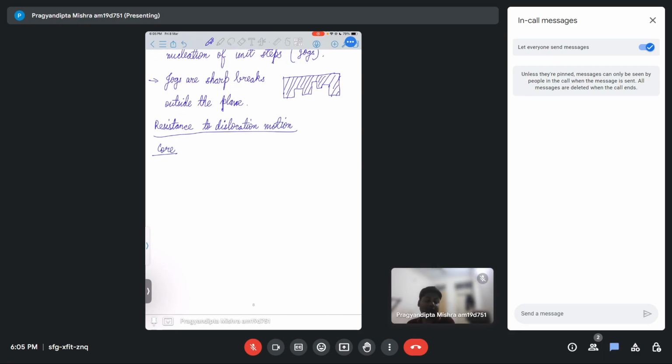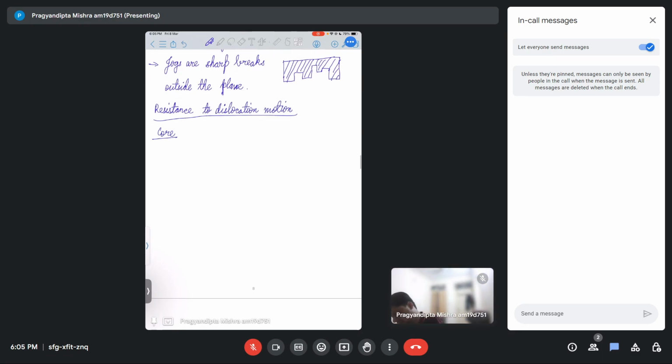Now, if we have two types of dislocation, one where we have cores which are very widely spaced apart, so I have a big dislocation core, and one where dislocation cores are much smaller.